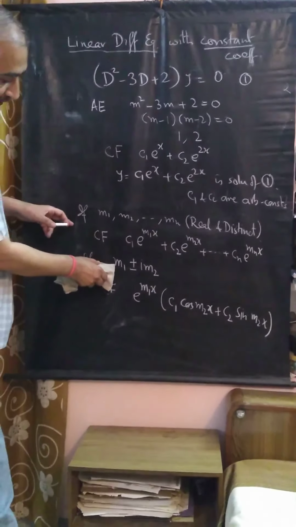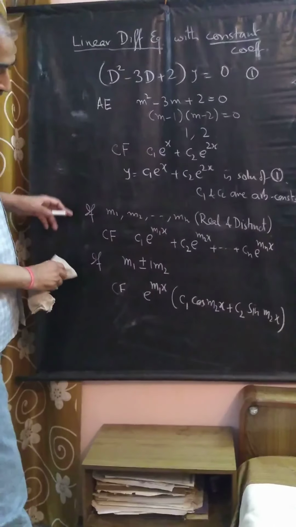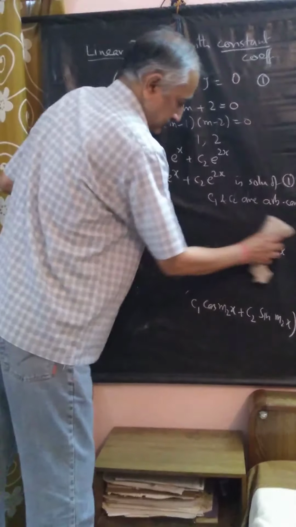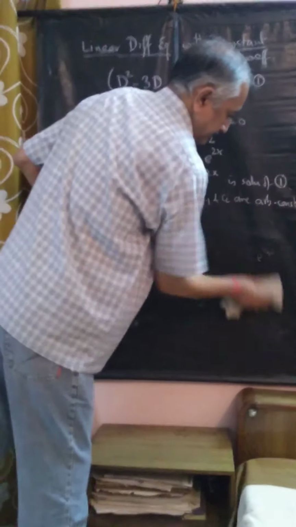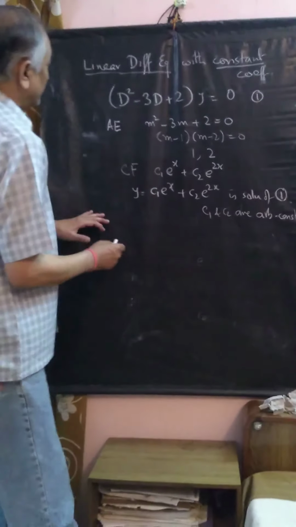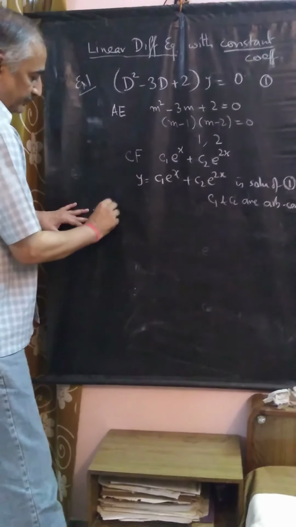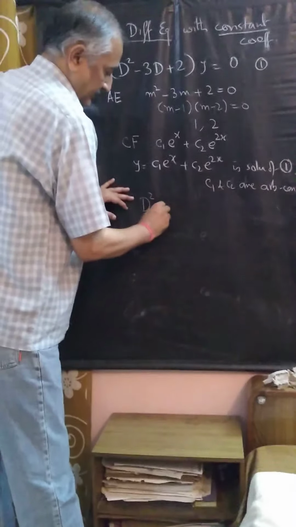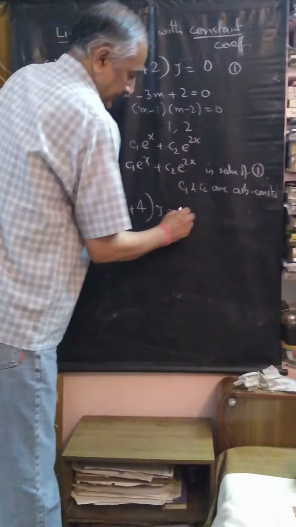Come to this where there are imaginary roots. So in the second example, we take something like this, D squared plus 4, y equal to 0.